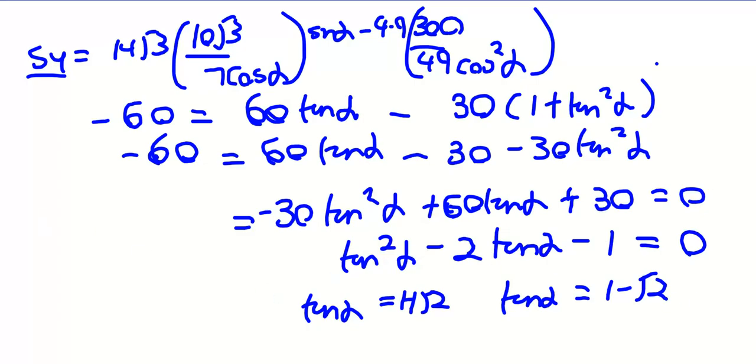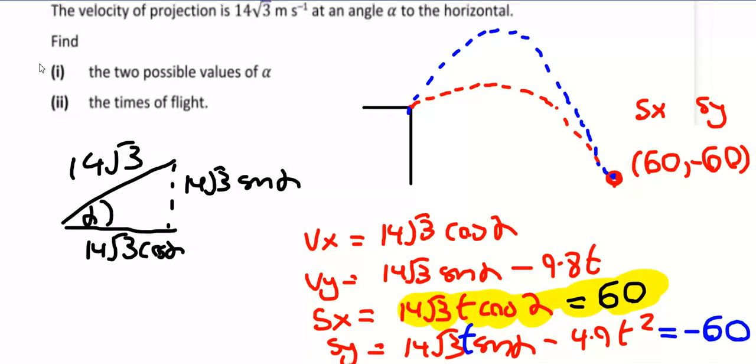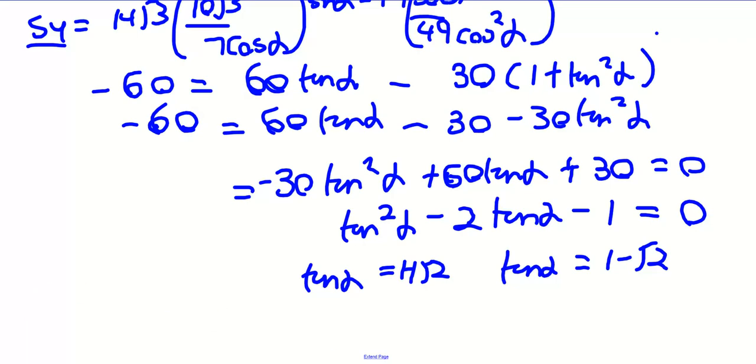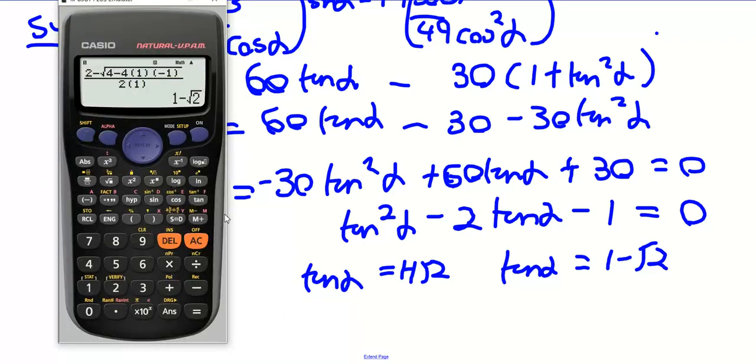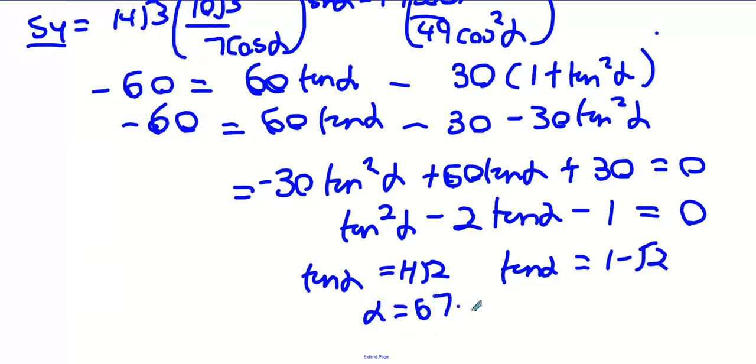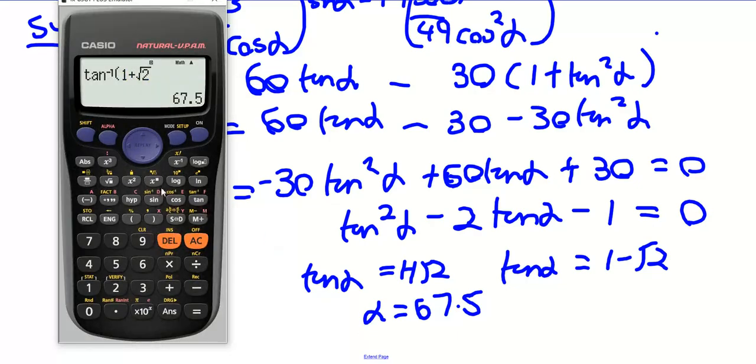Does it ask for the angle? It wants the angle, so we have to tan inverse both of them. Shift tan inverse of 1 plus root 2. Oh, I'm in shift setup degrees. Who got 67.5? The other one, minus 22.5.